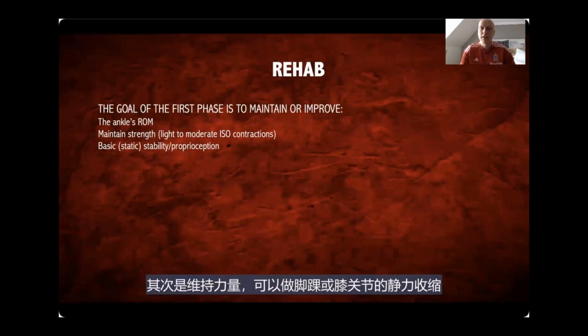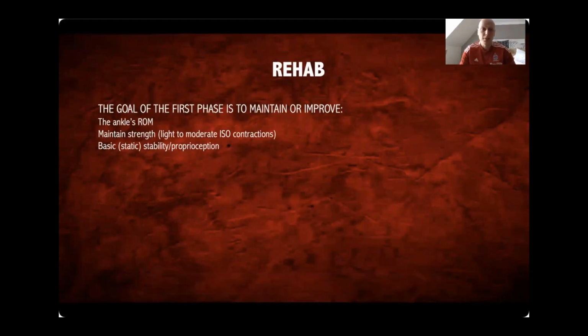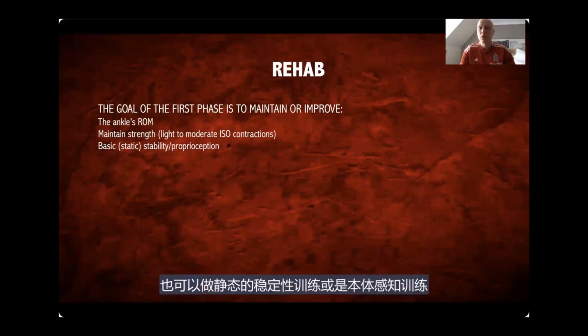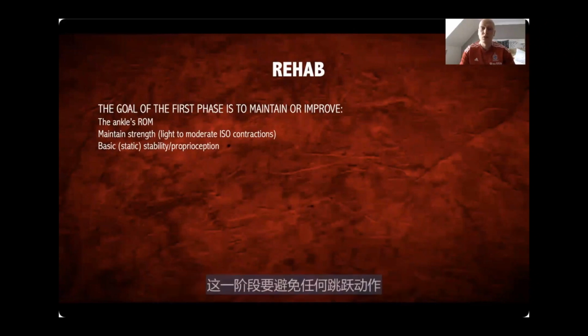We want to maintain the strength, so we can use a lot of isometric contractions of movements in the ankle and knee as well. And we can do basic stability or proprioception work, and normally it is done in a static environment. Normally at that moment we avoid any kind of jumps, bounds, or hops.